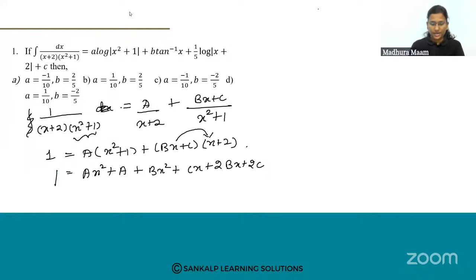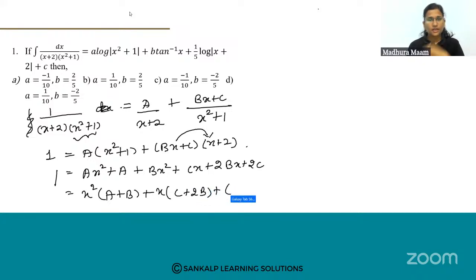Now collect the like terms. First I'll collect the x square terms. Which ones do we get? a plus b. Then we'll take x terms. Which x terms are there? c and 2b. Next, the constant terms. Which constant terms are there? a and 2c. And on the other side we have constant 1.